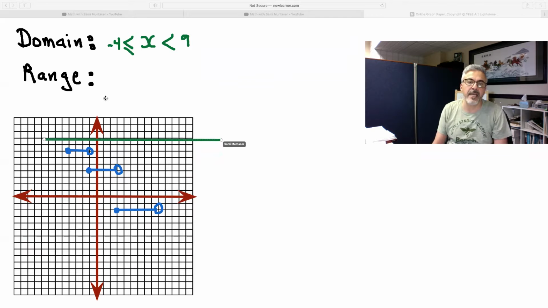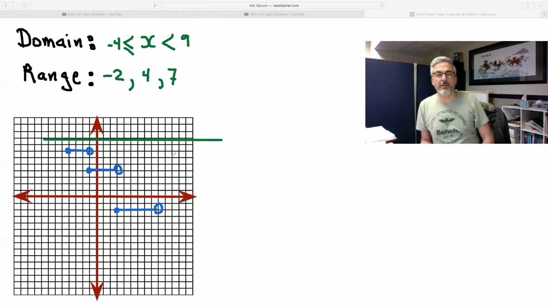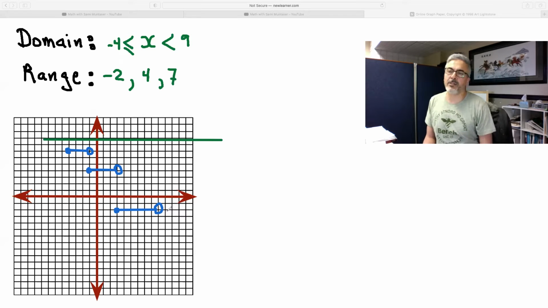So it beeped basically at -2, at 4, and at 7. And that's a simple way of looking at the domain and range, because basically you're scanning your graph. You could go and explore other questions and try to do it that way. It seems to work for a lot of students doing domain and range that way because it makes sense. Also, remember the domain is the x values, the range is the y values.